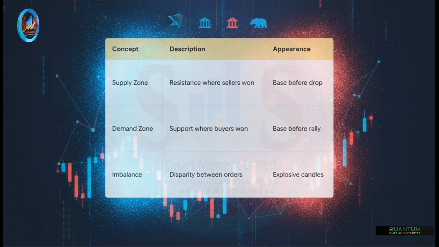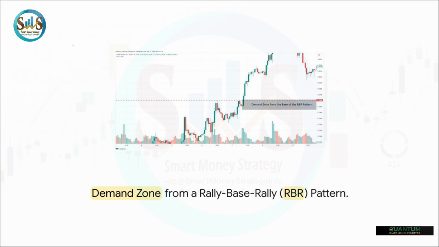And when they do, they leave behind these little bases right before a massive rally or a really sharp drop. When price aggressively shoots away from these zones, it creates what we call an imbalance. It leaves behind this trail of unfilled orders that basically acts like a giant magnet for future price action. Now, notice the shaded base area here in this rally base rally pattern, or RBR for short.